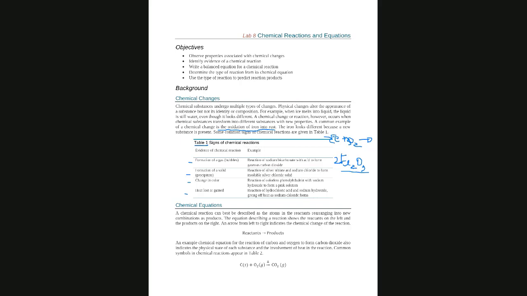We now know we have a chemical reaction, but just to understand, for example, I would say a solid sodium, just as an example. I'll tell my students a chemical reaction.